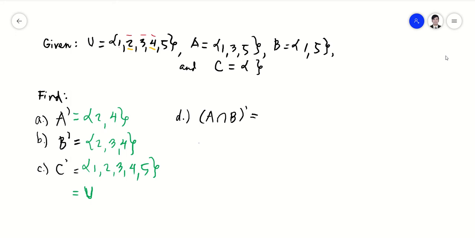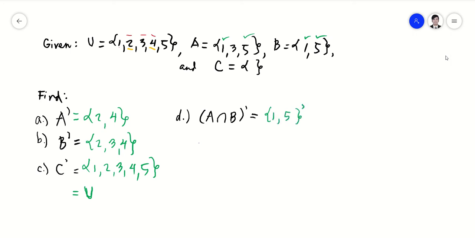Recall that intersection is about the commonality between A and B. So looking at A and B, their commonality is what? We have 1 and 5. Since it's a new set, it will have braces already, and then we have 1 and 5 inside.